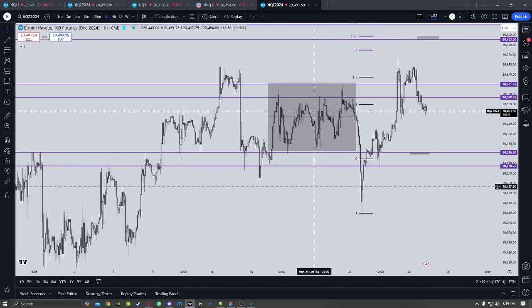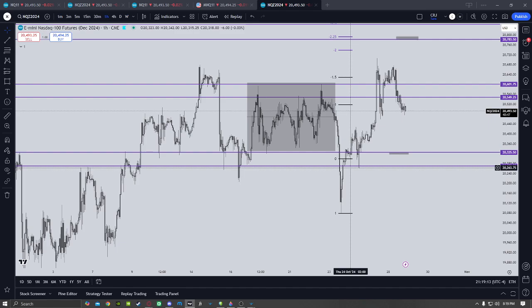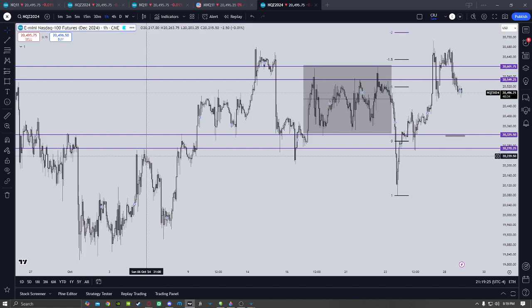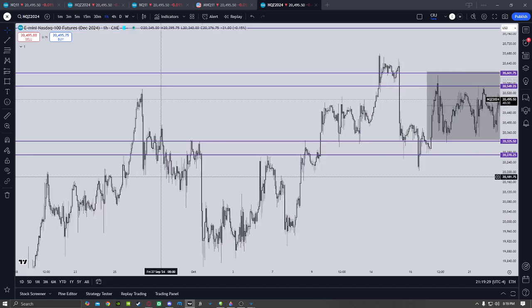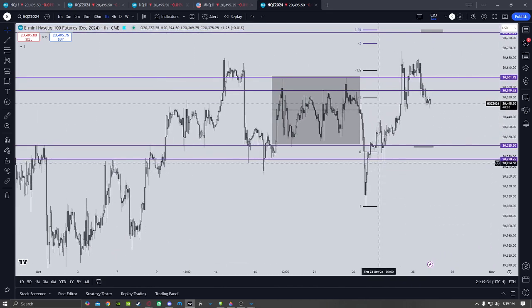Also for this 270 level right here. I kind of forgot what this was, but I'm pretty sure this was also a shelf too. You see that there's some areas where it could have hit. I use this 270 as support.